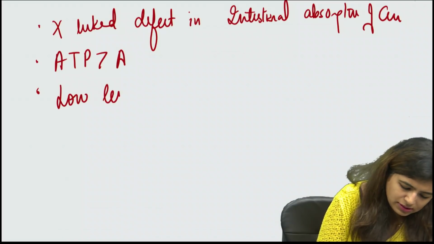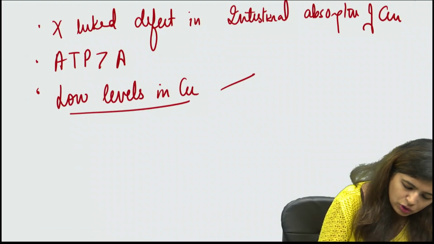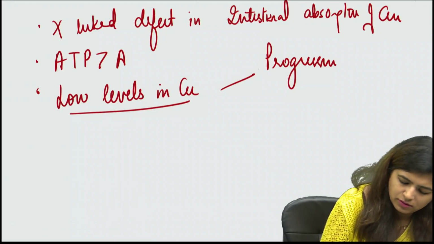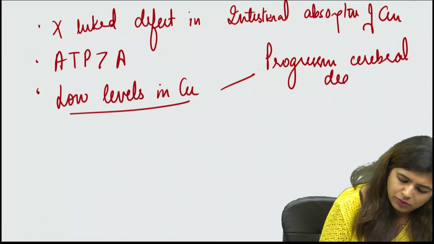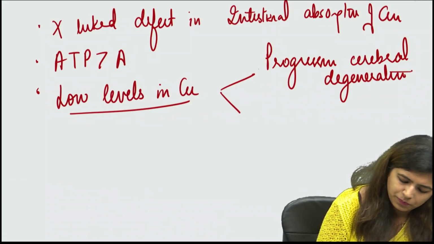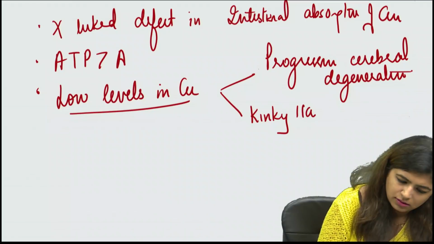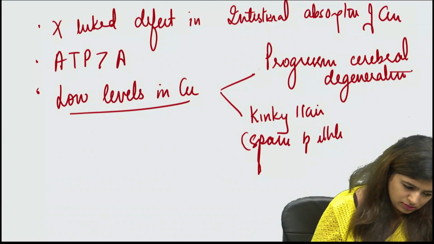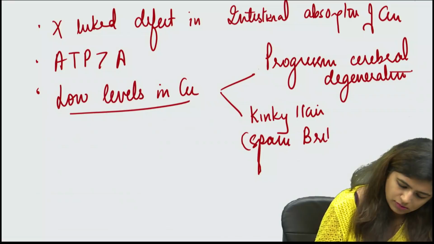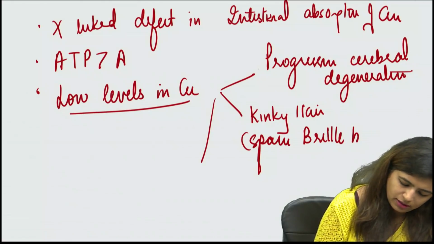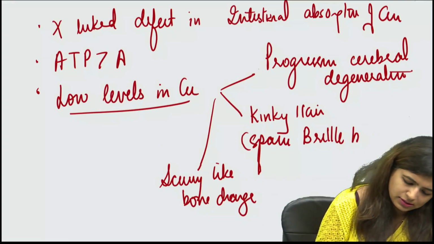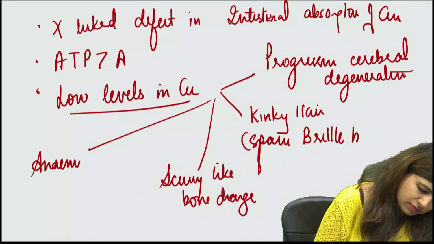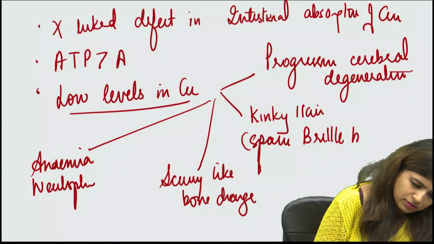Due to the low levels in the body, you will have progressive cerebral degeneration, kinky hair which is sparse, brittle hair, scurvy-like bone changes, anemia, neutropenia.